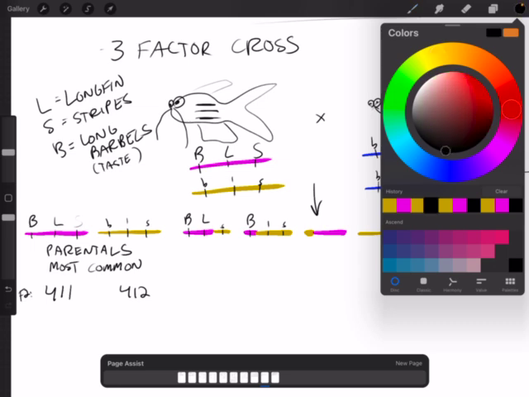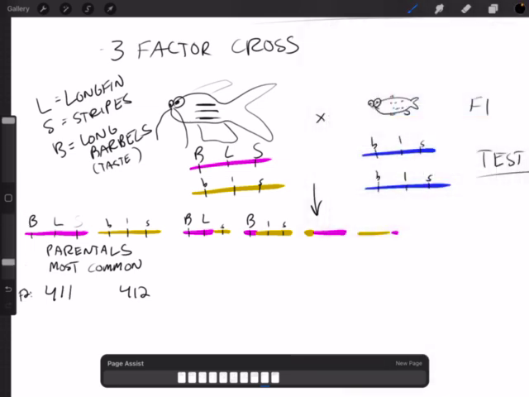So we have, in this case, recessive B, dominant L, dominant S. Here we have recessive B, recessive L, dominant S, right? Several ways that you can have a chromosome resulting from a single crossover. So these are all going to be single crossovers. And they are going to be at some sort of intermediate frequency.